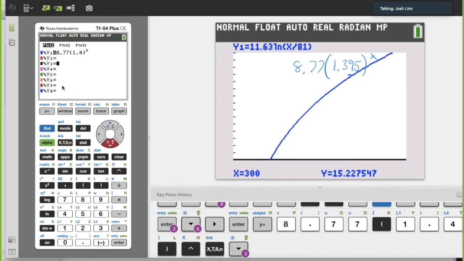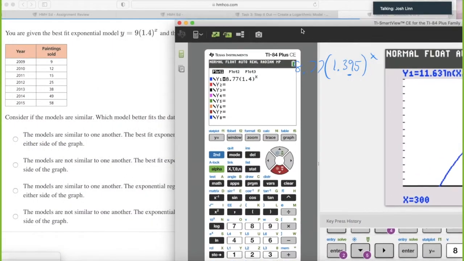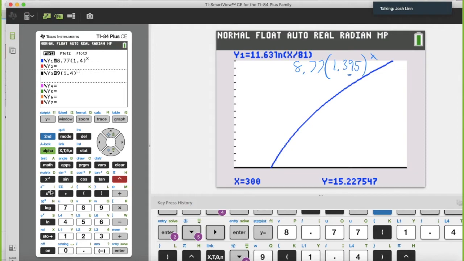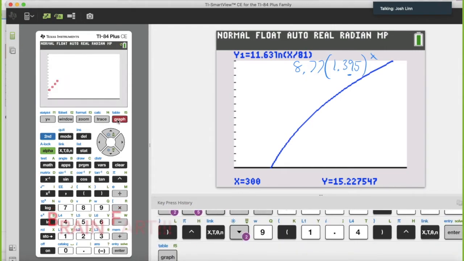And I skipped one because I want it to be black. So that other one was what? 9 and 1.4. 9, 1.4. I'm assuming the regressive model, it's the blue one, is going to be better because it's actually based on the data. And here we go.